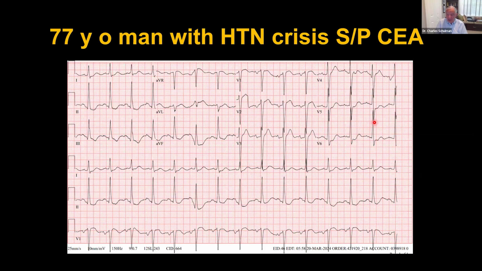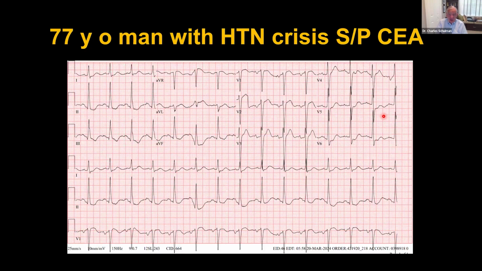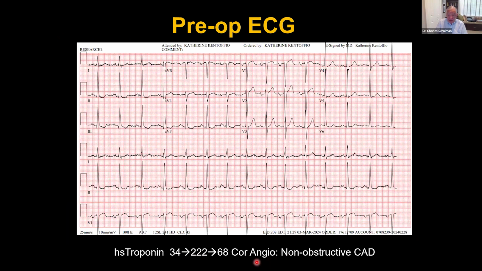Okay, and here's his pre-op. Those aren't there at all. See that? So these are new changes. His troponin rose. His coronary angiogram showed non-obstructive coronary disease, and the EKG went back to where it was before.